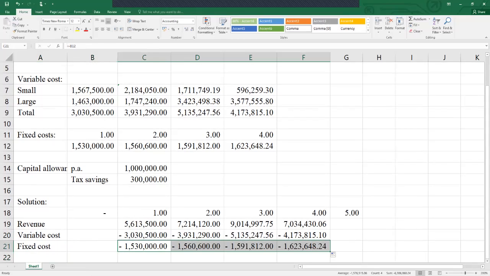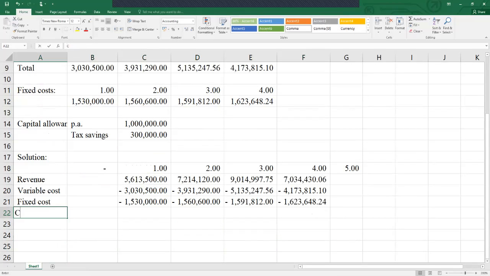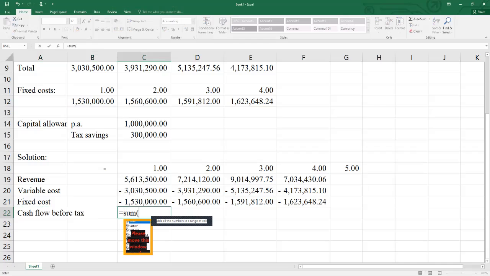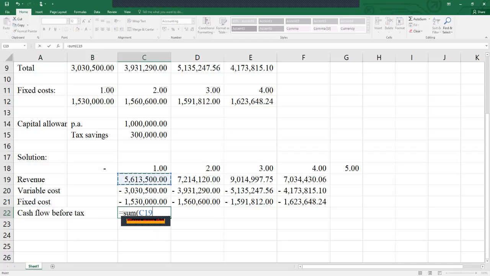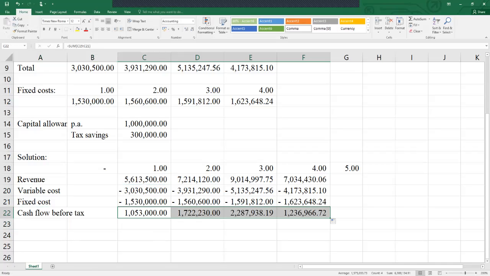Anything else? No. And I have here cash flow before tax, or profit, in case you want to call it that way. It will be equal to simply the sum of my cash flows above. That's year 1. I drag my formula until year 4.